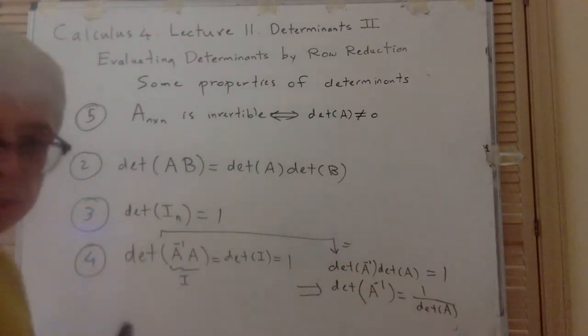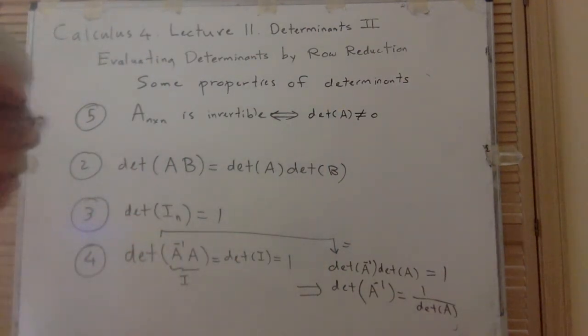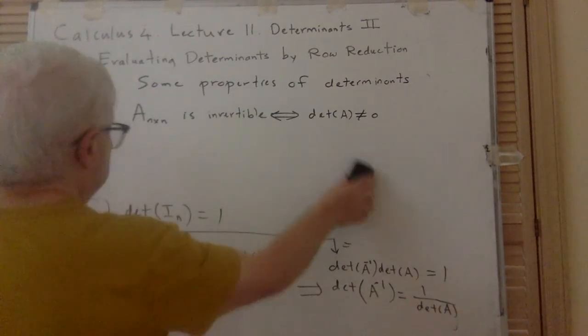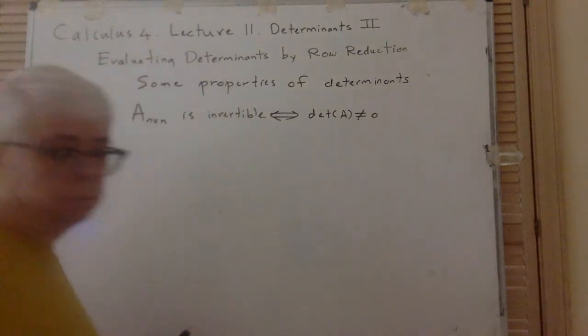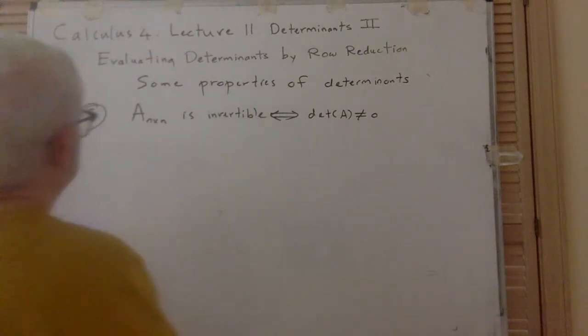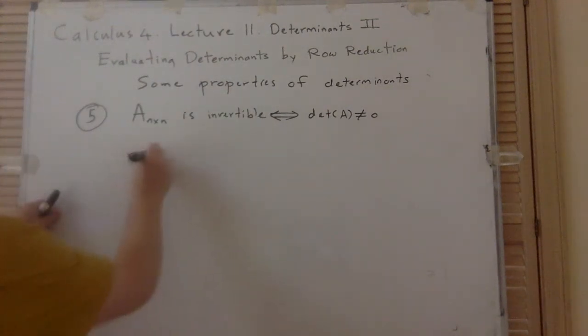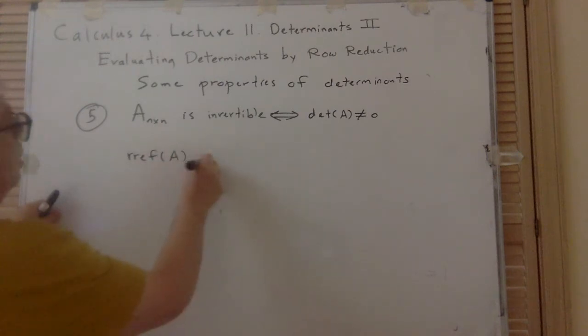And remember I said the RREF of A has no 0 entries in its diagonal.